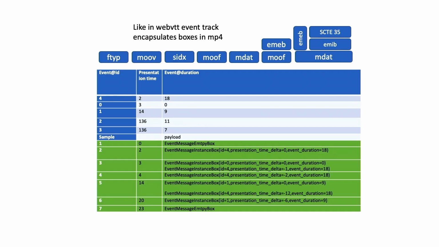Here's an example of that. The idea is very similar to WebVTT in MP4. Each time the active set of events changes, there is a sample boundary. Each sample contains either an event message empty box, which is similar to the WebVTT empty cue, and then all the event message instance boxes that can carry the SCTE-35 payload.